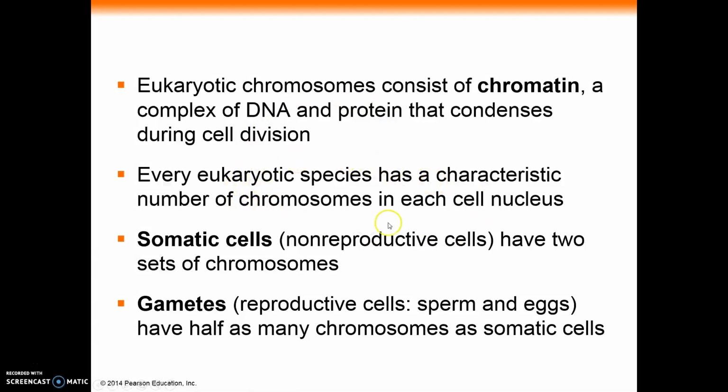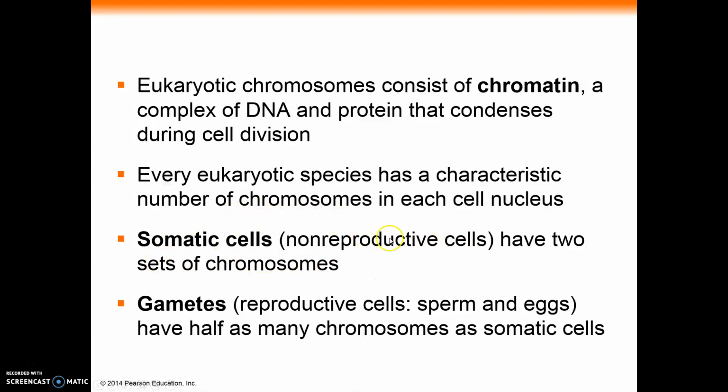So each species has its own characteristic number of chromosomes in the nucleus. And eukaryotic organisms, or at least multicellular organisms, are usually divided into two types of cells. So there are somatic cells that are responsible for normal activities.